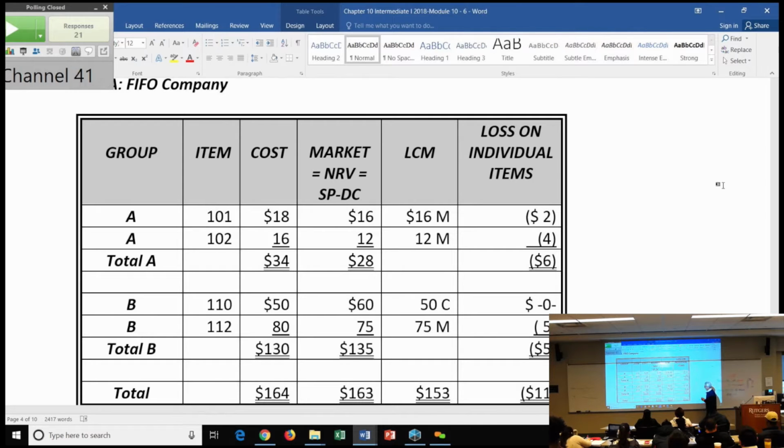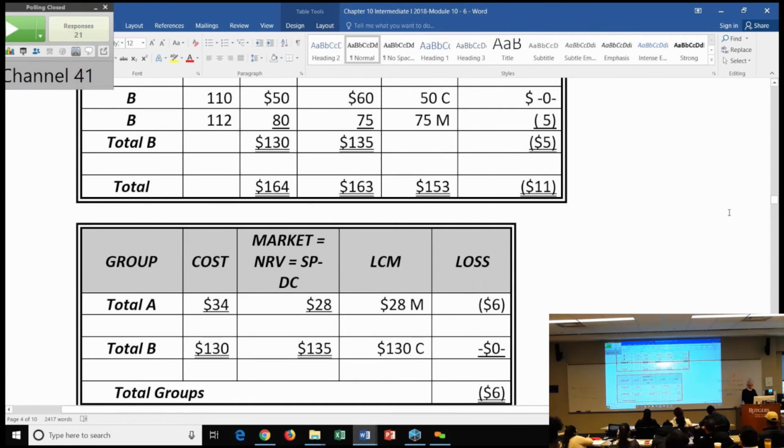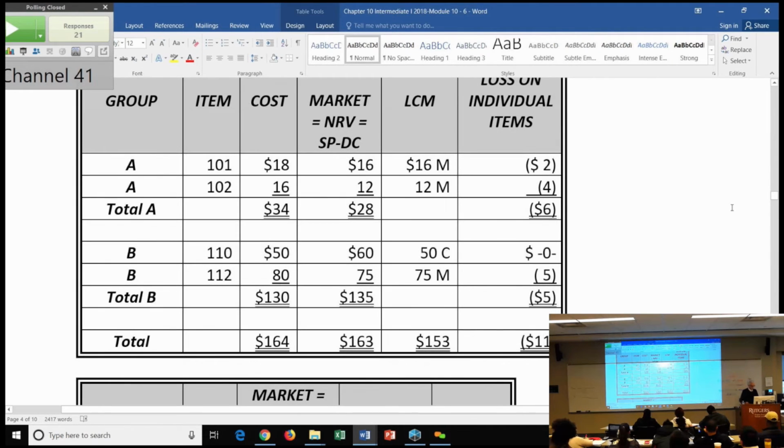That's on individual items. What if I did this for product groups? Well, if you go down to the bottom and look at the groups, I'm going to show you the loss is 6 because you're aggregating. What does that mean? Let's go back up here. If I look at the first group, that's Group A. In Group A, what's lower, total market or total cost? Well, total market's lower, so I'm going to take a write-down here of $6 on this group.